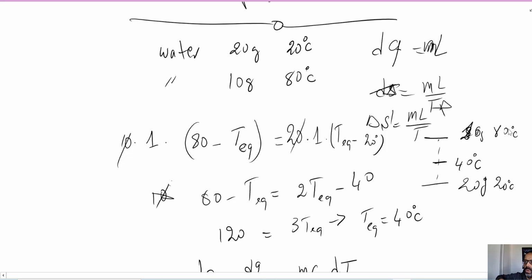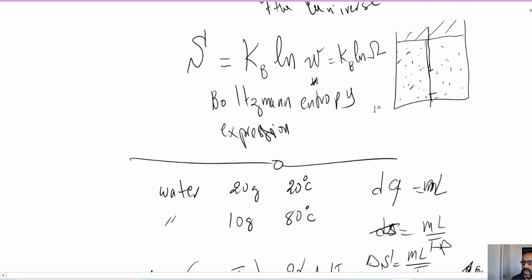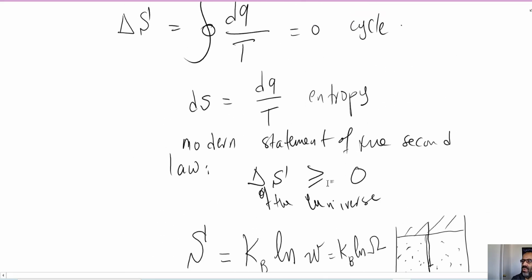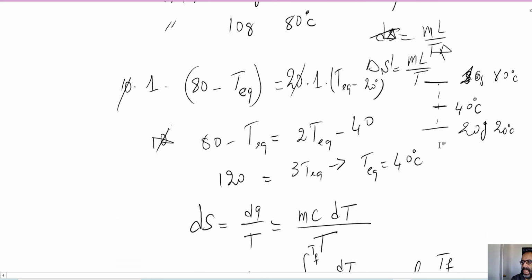What is more important about the second law in here is that it states that the universe entropy will increase. So what I expect to see is that I have two types of changes in here. This went up, so the entropy went up. This went down, so the entropy went down.